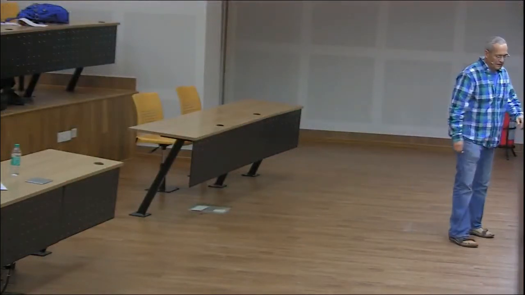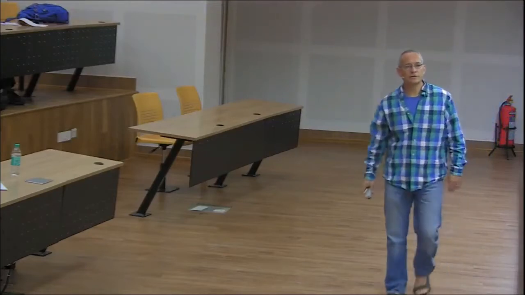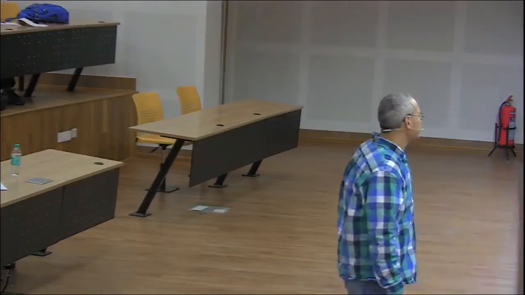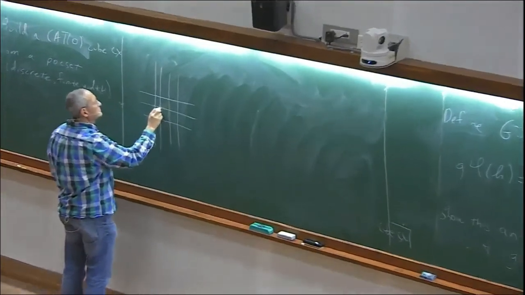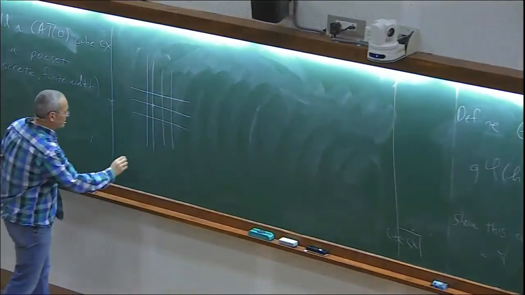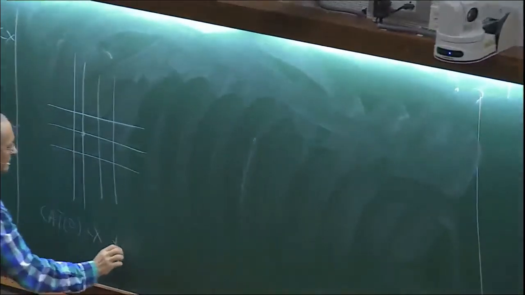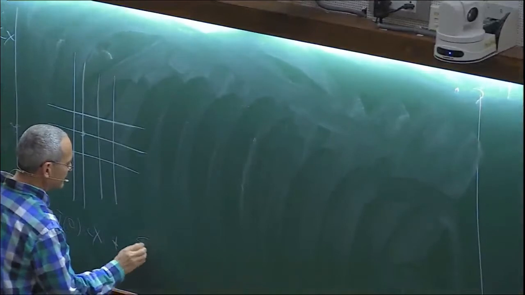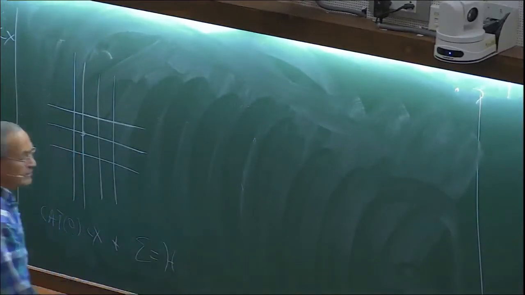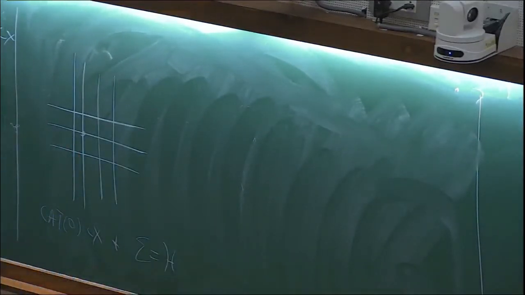Okay? So the guiding thing is to think first about a CAT(0) cube complex, and the poset sigma to be this collection of half spaces. So how would you describe a vertex inside of here?